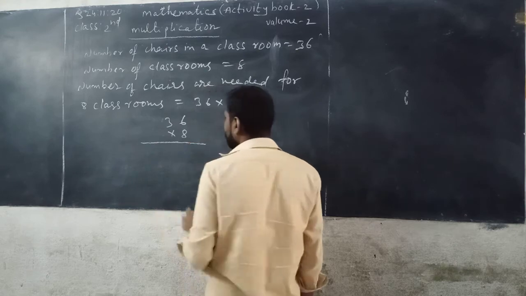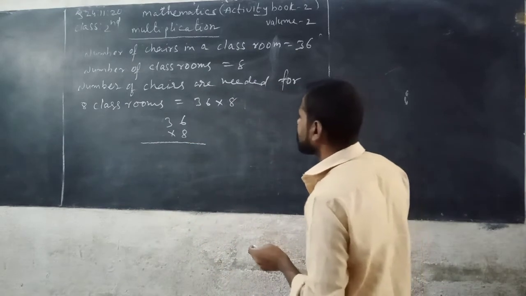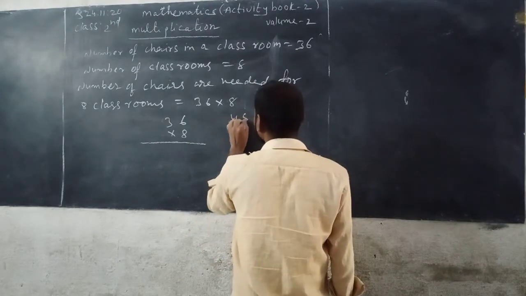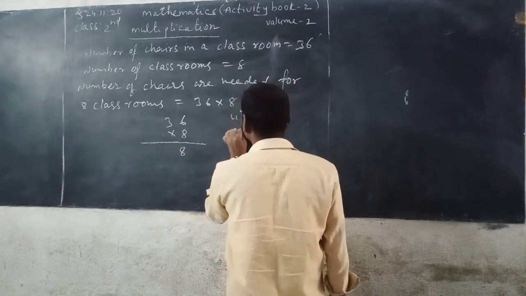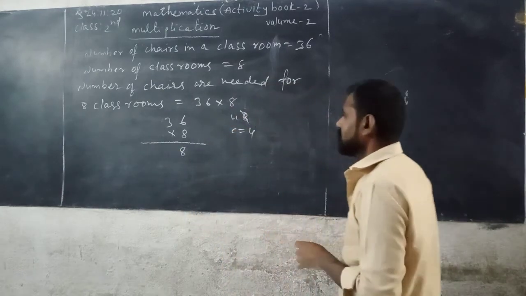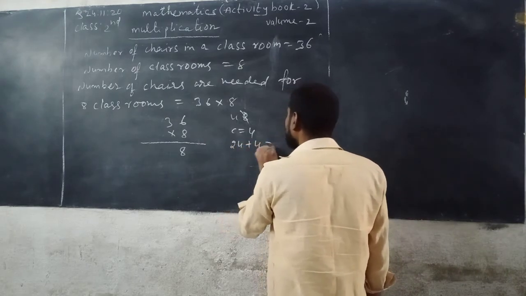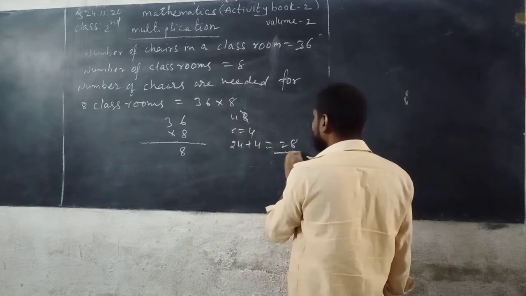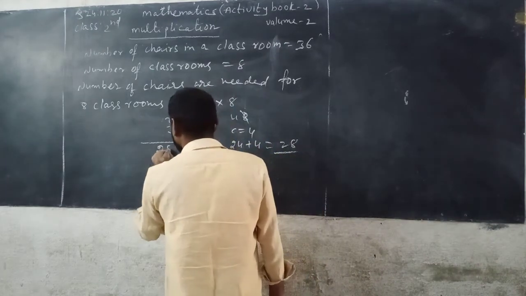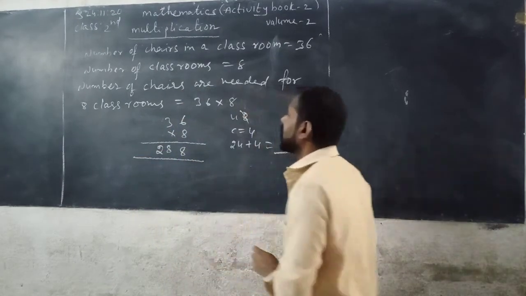So first we multiply the digits in the ones place, 6 with 8. 8 6s are 48. We write 8 and carry 4, beta. Now next, 8 3s are 24. 24 plus 4, 4 is added to 24, you can get 28. Write down. So 288.